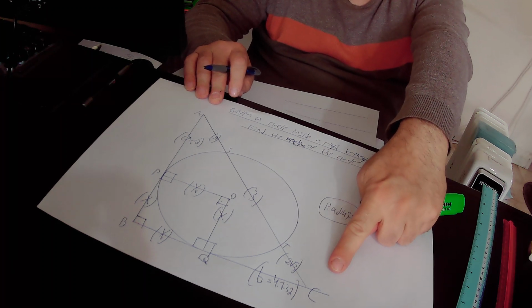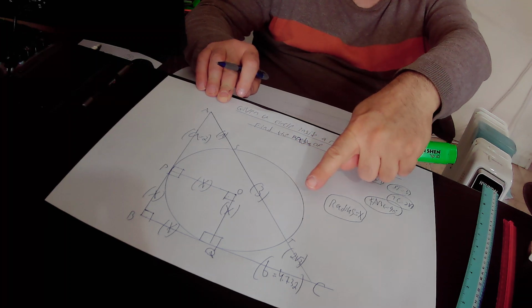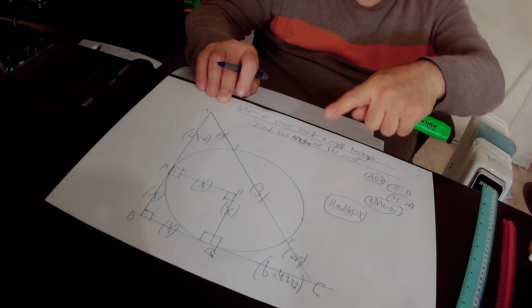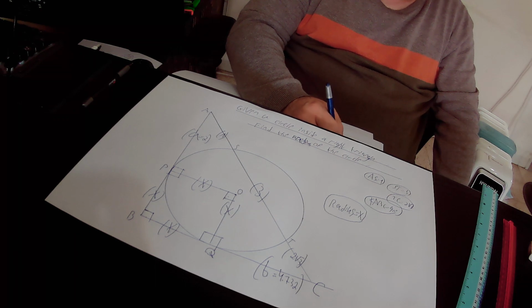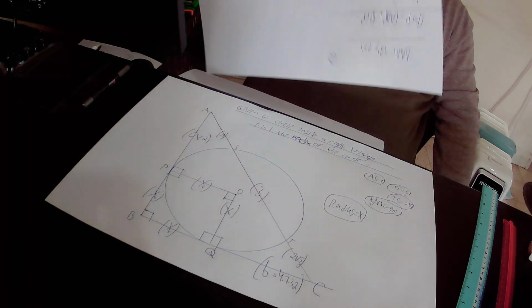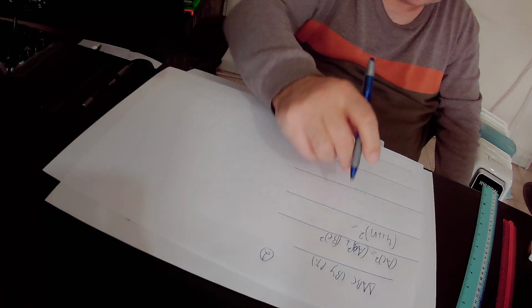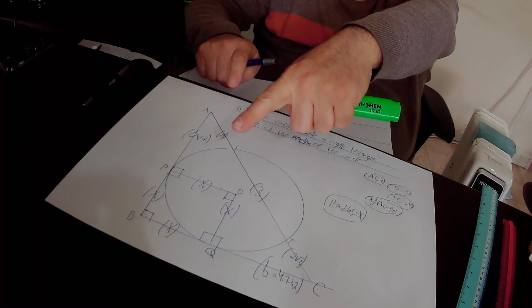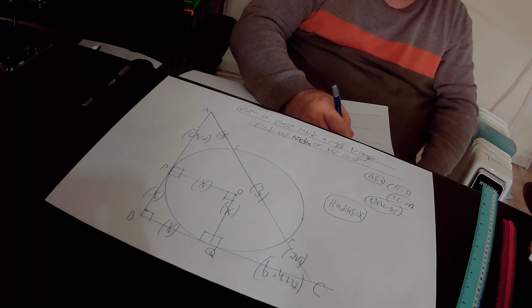What is the length of AC? From the drawing it is very easy to see that AC in total equals 1 plus 3, that is 4, plus 2 times square root of 3. So in total AC equals 4 plus 2 times square root of 3. And therefore AC squared equals (4 plus 2 times square root of 3) squared. And it equals AB squared plus BC squared. AB equals x plus 2, therefore AB squared is (x plus 2) squared.